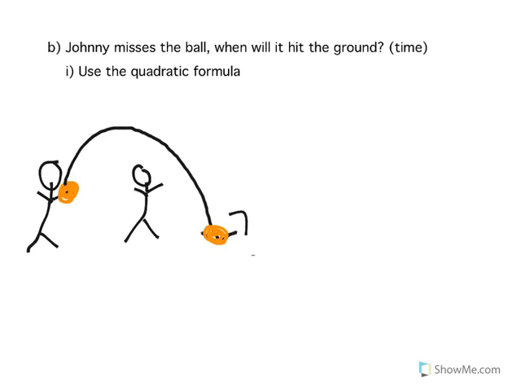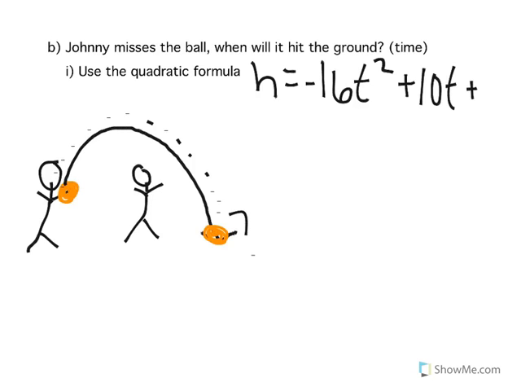We want to know when it is going to land. So we want the time that it takes to go from his hand at 3 feet, traveling all the way to the ground. We're going to use the equation that we had on the other page: h equals negative 16t squared plus 10t plus 3.